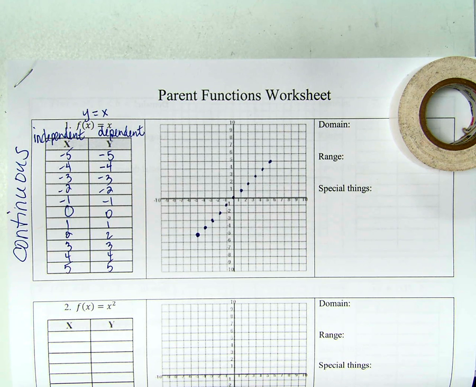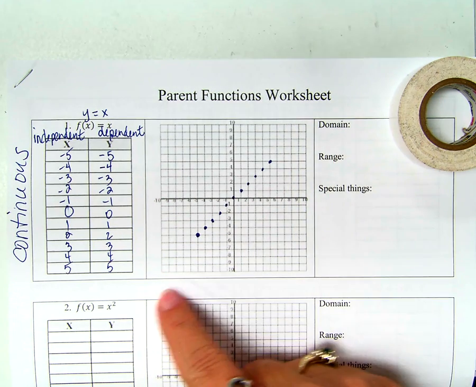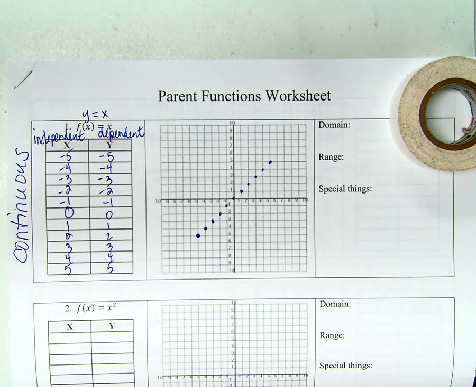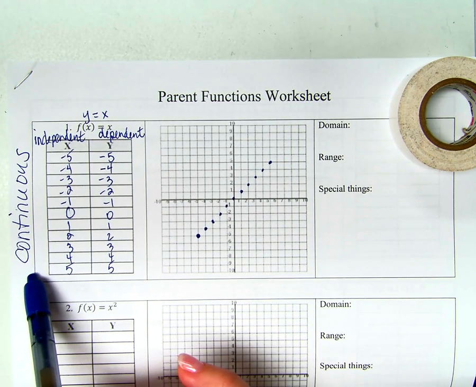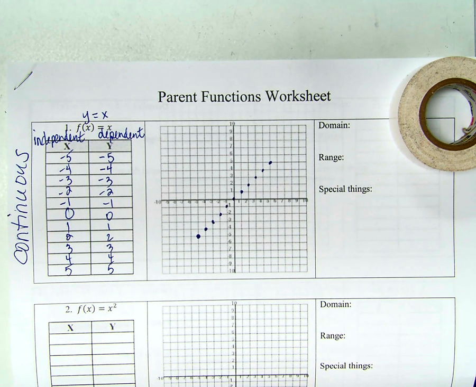I don't want you to get confused about me talking about the word continuous or the word continuing. Do you know the difference in those two? Continuing means it's going to keep going, right? That's continuing. I want to know if you think this is continuous.